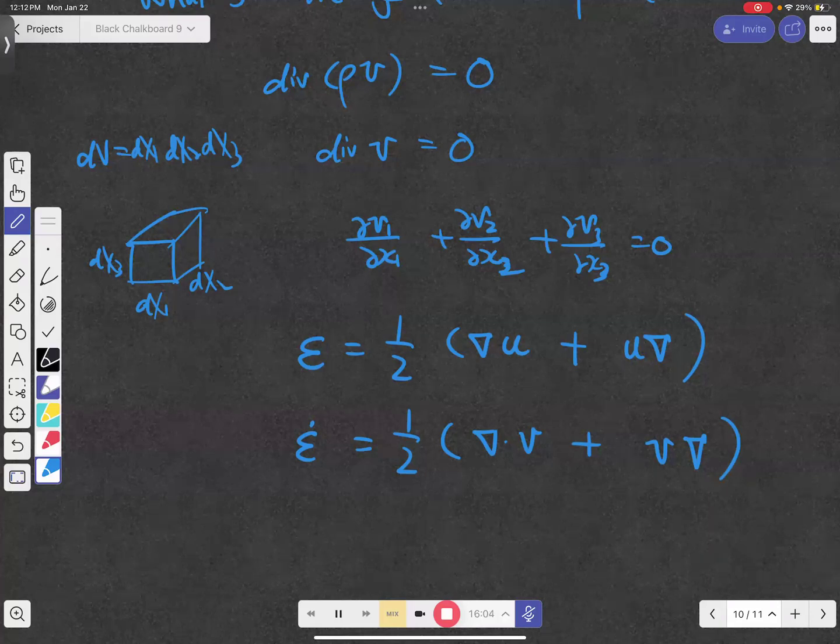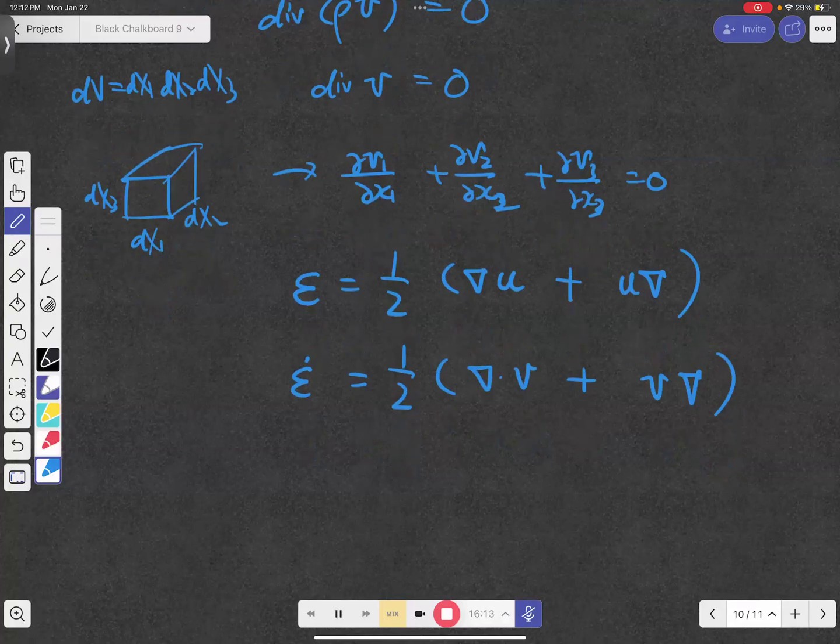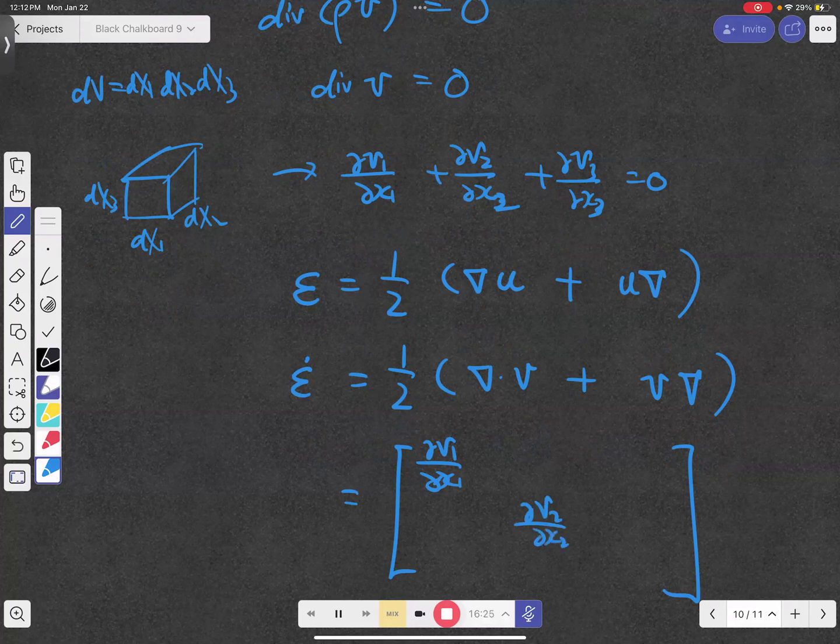Now, what is this term? Let me write it in matrix form. This is just partial v1 over partial x1, v2 over x2, v3 over x3.